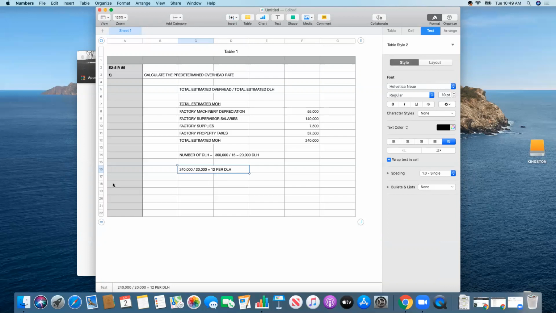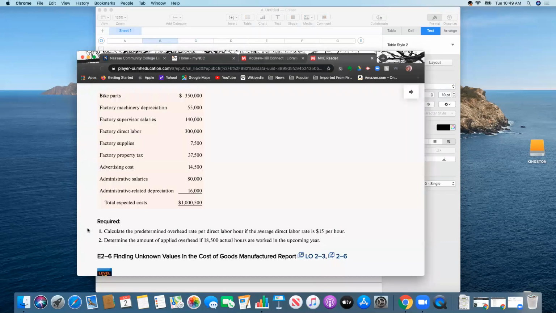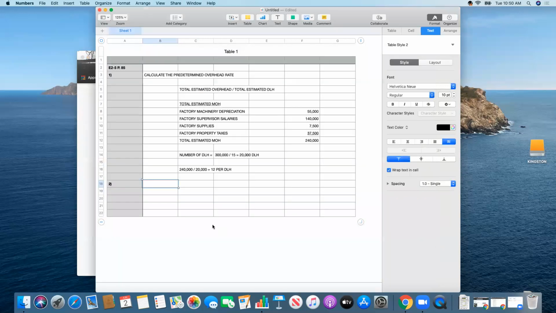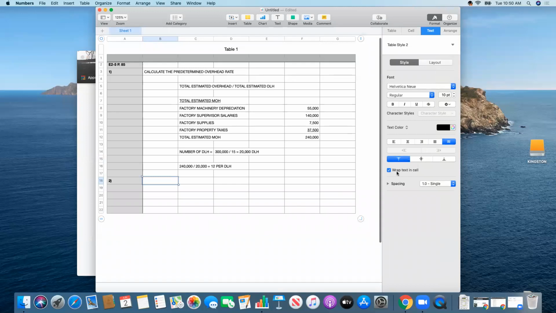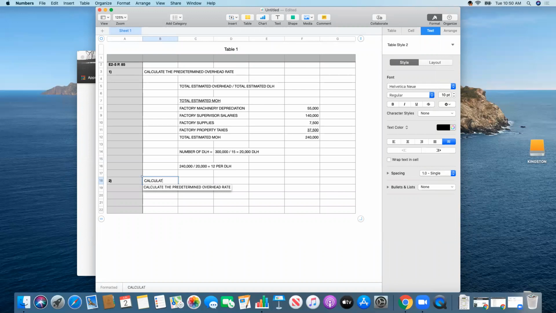Now, part two. Determine the applied overhead if 18,500 actual hours are worked. So we want to calculate applied overhead.